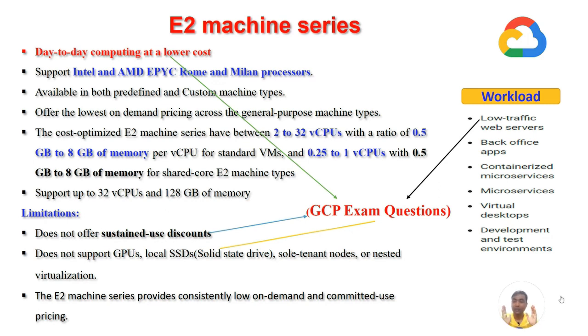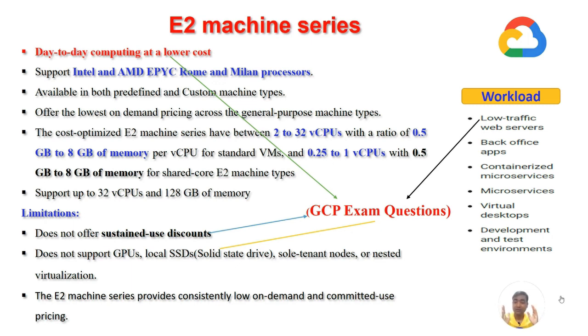And guys, the E2 machine series doesn't support GPU, local SSD, sole tenant nodes, and nested virtualization. SSD means solid state drive. The E2 machine series provides consistently low on demand and committed use pricing.